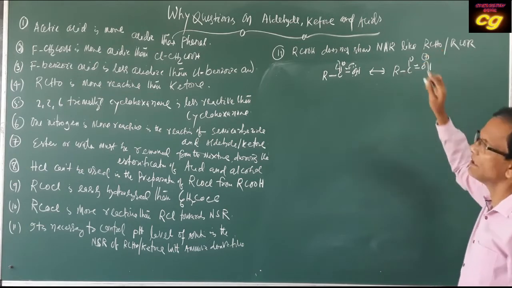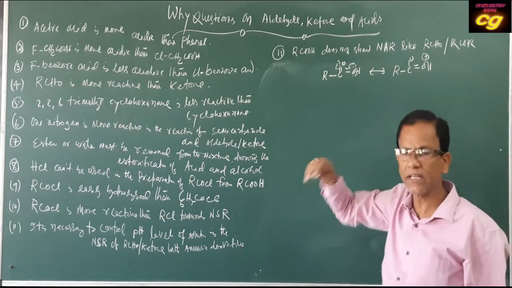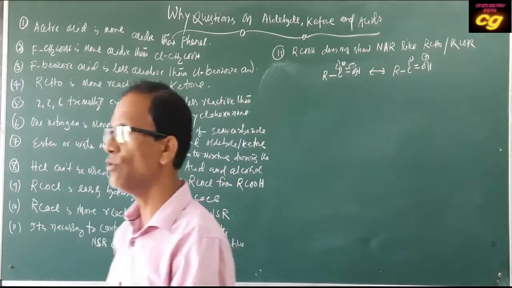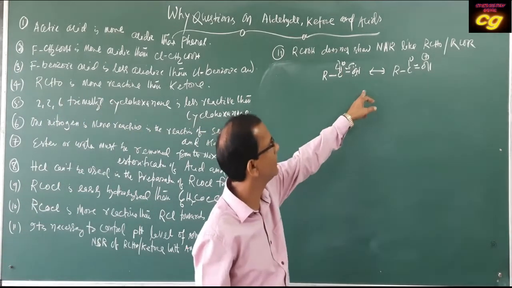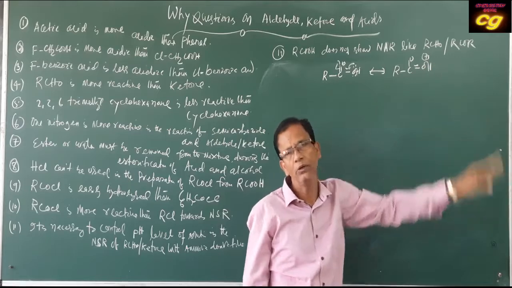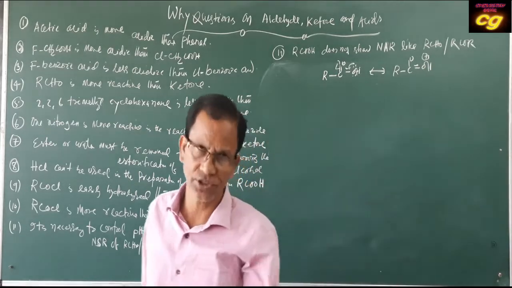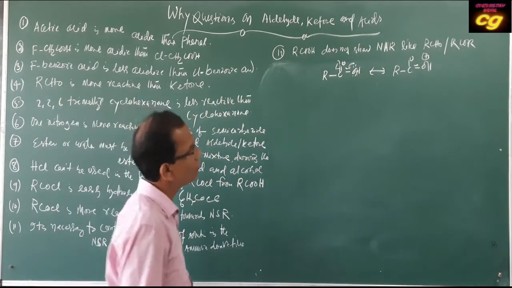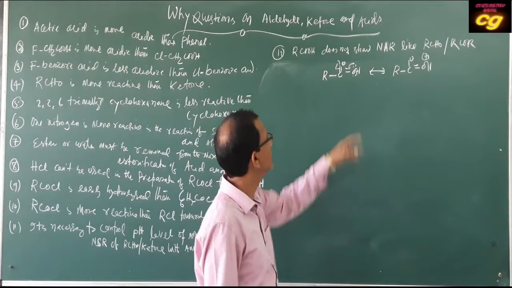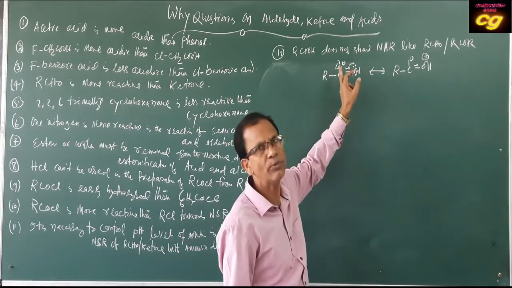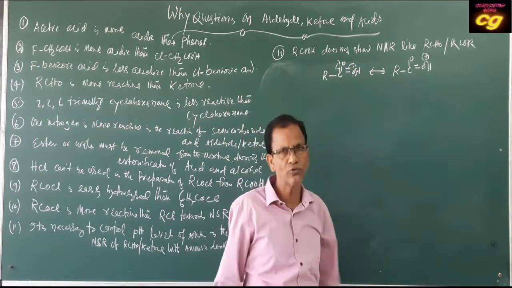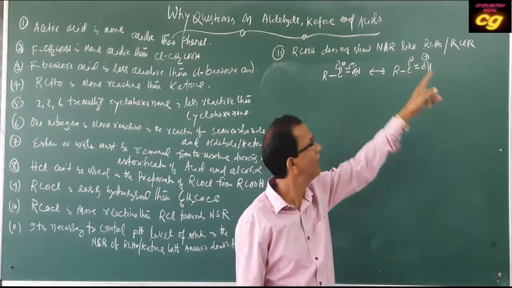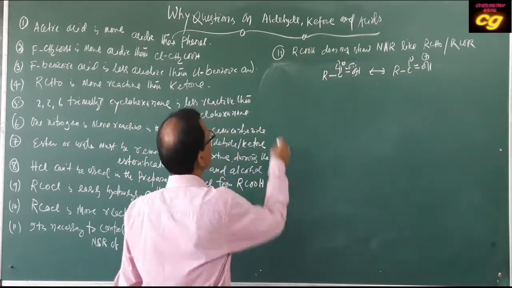As it has resonance, it loses the double bond character of the C=O keto group. That's why it does not show nucleophilic addition reaction, because it loses the double bond character of the keto group in benzoic acid. That's why it does not show the reaction like aldehyde and ketone.